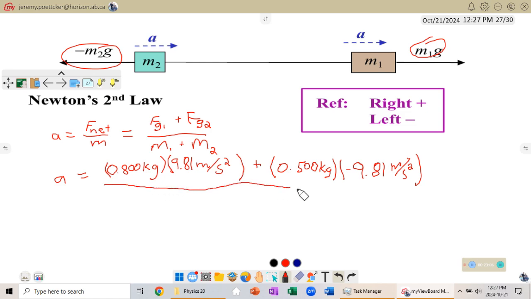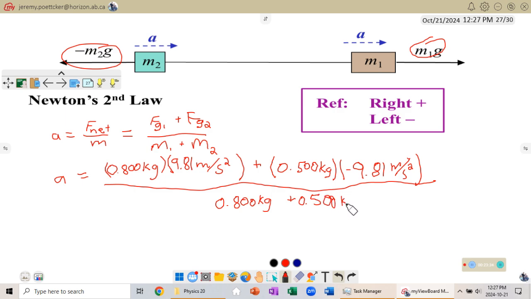All divided by M1 plus M2, which I should also start writing in, which are going to be 0.800 kilograms plus 0.500 kilograms.